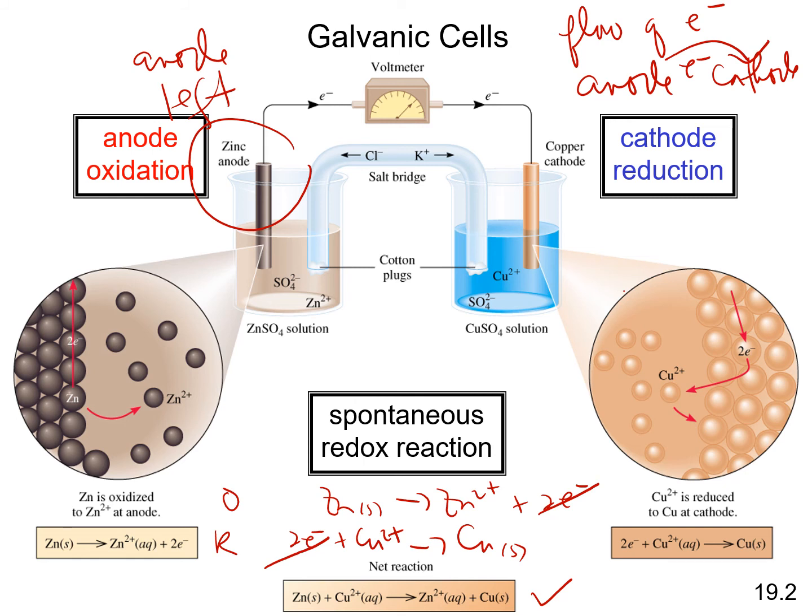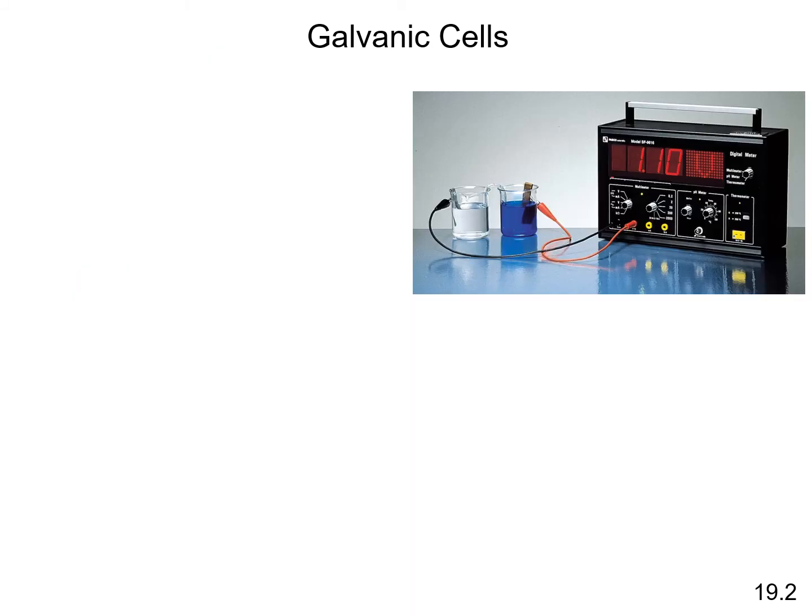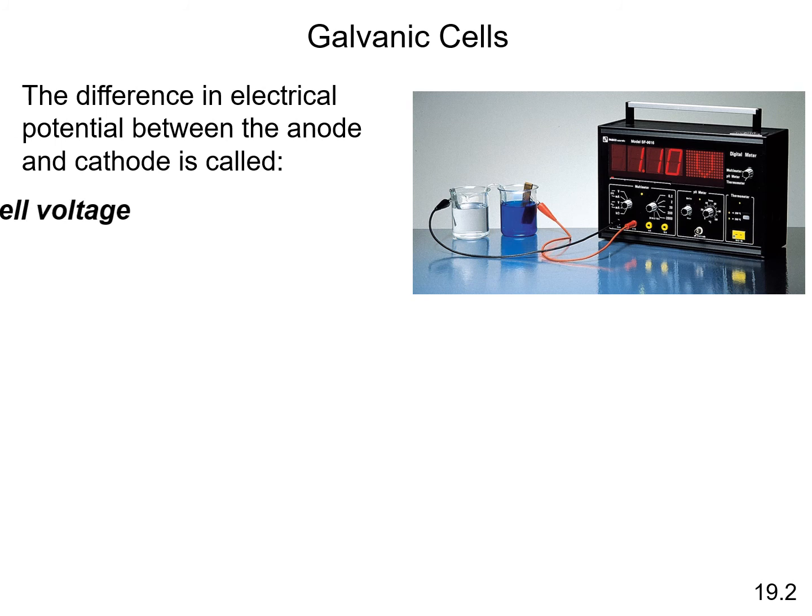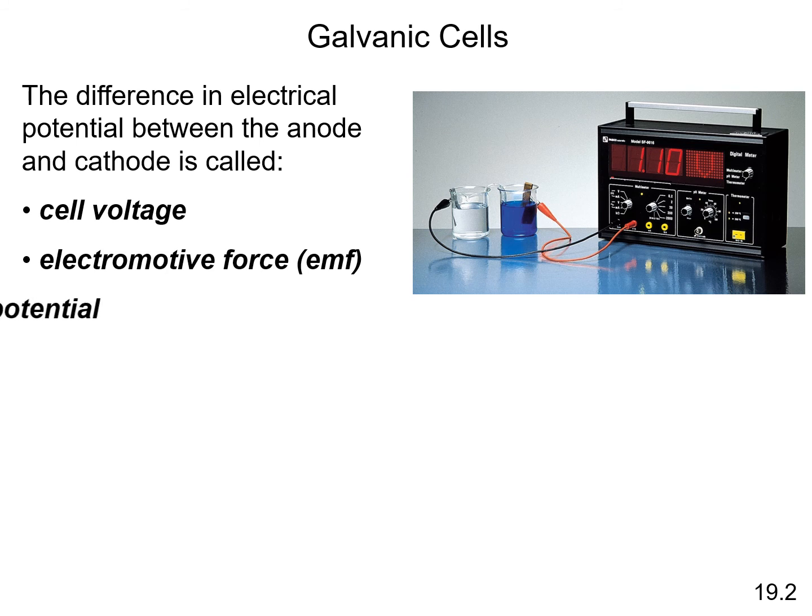So we represent the reaction in a spontaneous redox reaction by what we call the cell notation. We'll illustrate in a while the cell notation. So again, the galvanic cell, that's where spontaneous reaction happens.